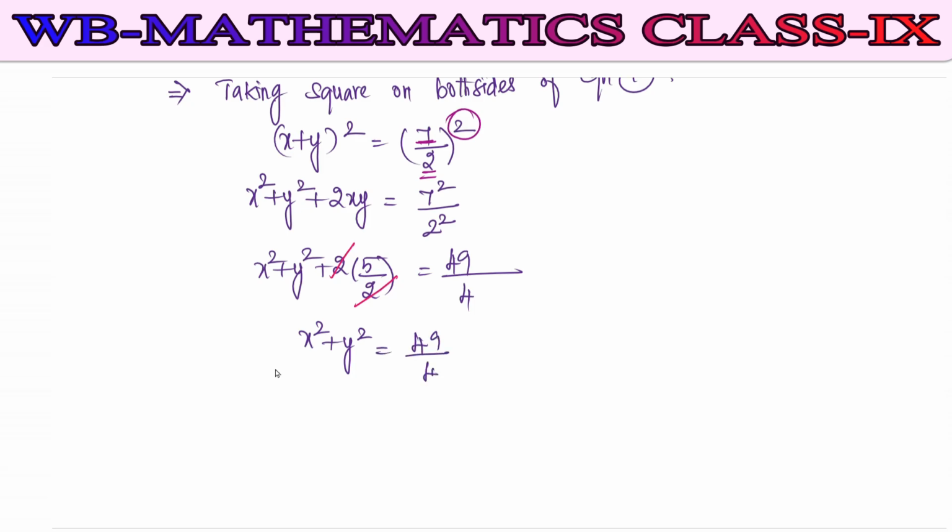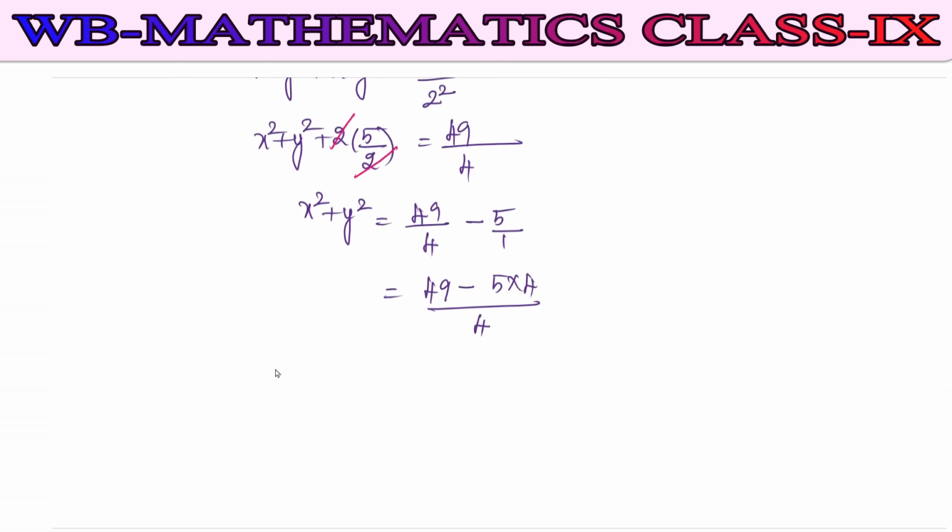When you shift this 5 to the opposite side, it will become minus 5. If there is no denominator, the value is 1. The LCM of 4 and 1 is 4. I am going to multiply 5 into 4 divided by 4, it is common now.